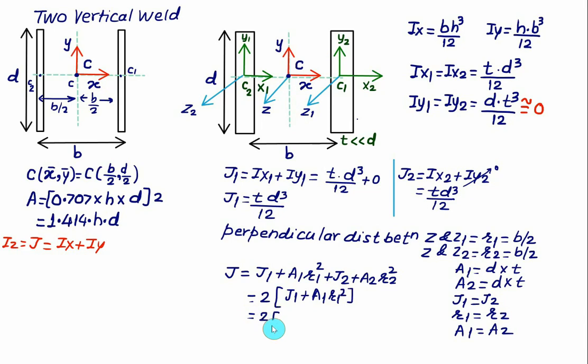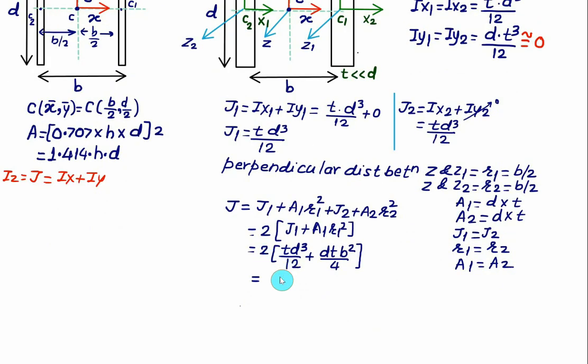That is, we have 2 times J1, where J1 is equal to T D cube by 12, plus A1, which is D into T, times R1 square, which is B square divided by 4. So 2 and 12 gives 6.